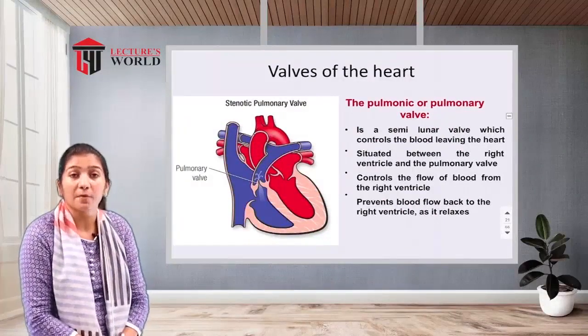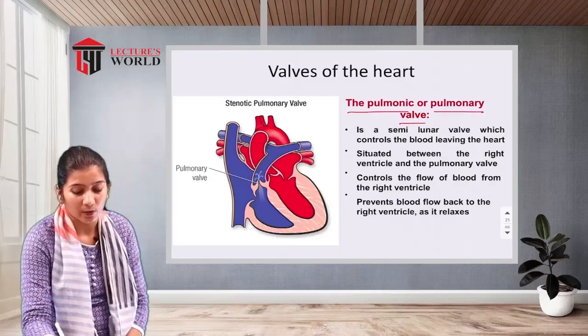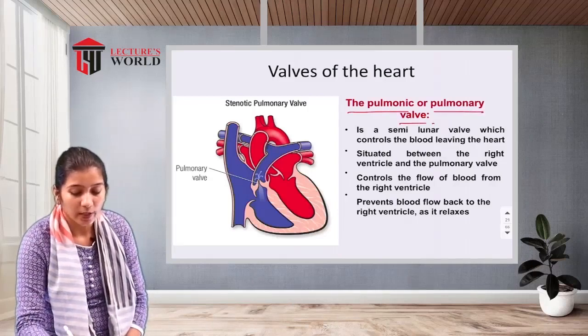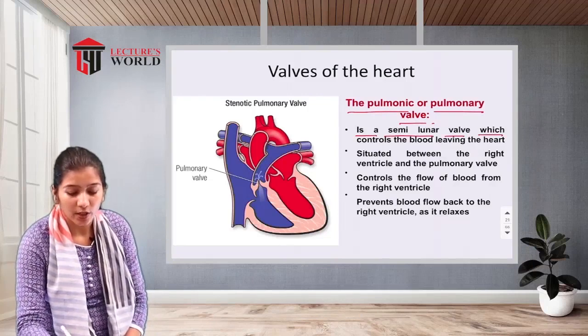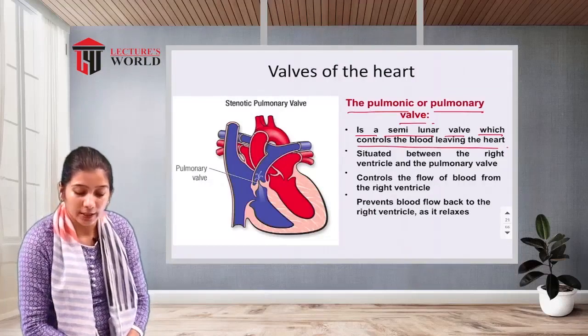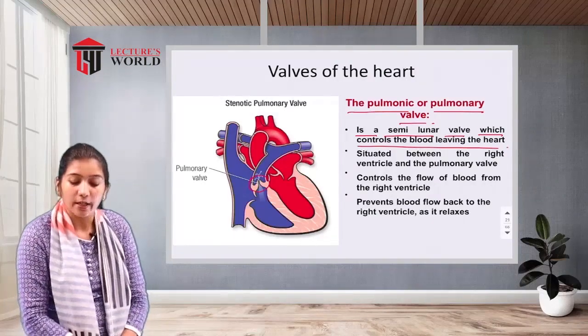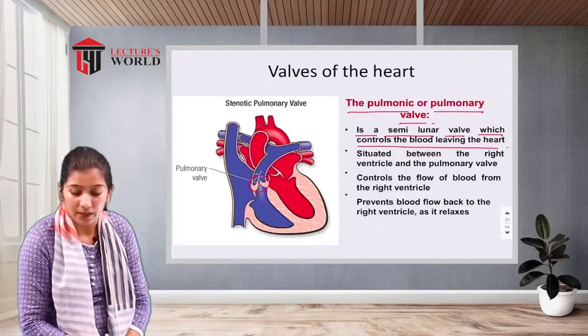The third type of valve is the pulmonic or pulmonary valve. It is a semilunar valve which controls the blood leaving the heart.